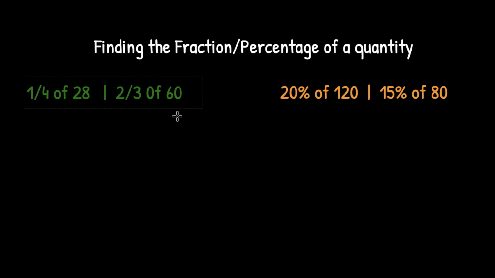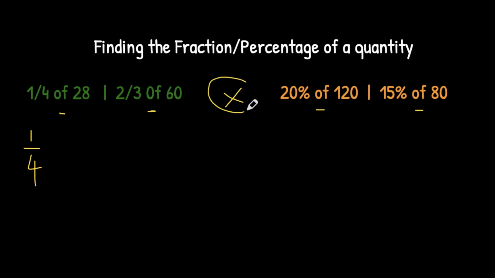So the first one we're going to deal with is finding the fraction of a quantity. The first one says, what is a quarter of 28? So I'm going to write there a quarter. But before I go there, there is a key to understand here: what does "off" mean? This "off" that I've written here simply means to multiply.